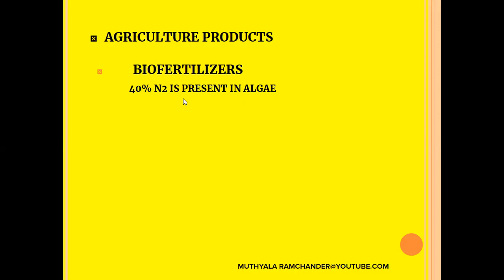In farming lands, we collect algae from different sources like aquatic sources. That algae is distributed to the farming lands, so the crops utilize nitrogen from algae. That nitrogen is used as biofertilizer from algae.